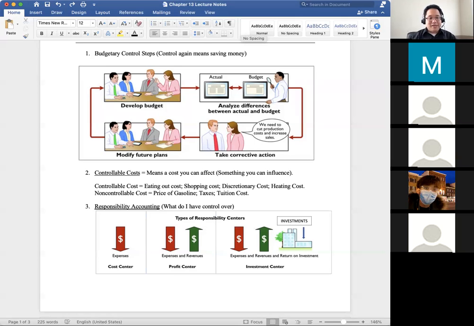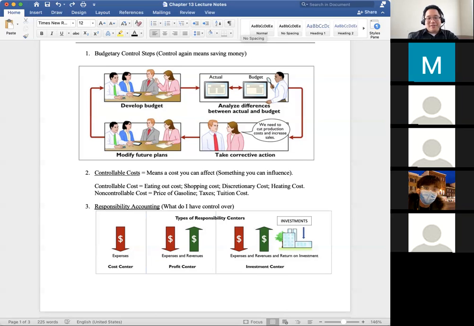Anybody else have any other examples of controllable costs? How about bubble tea? Okay, so I don't have to drink bubble tea. I like to drink it, but I can control the costs and I can eliminate it if I really need to, because it's not necessary. Okay, how about some non-controllable?